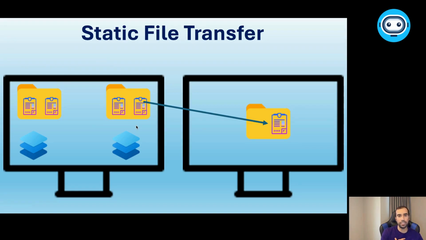I will pick it and send that file to my friend, and then my friend on his or her computer will download this file and open it. This is like serving a static file.